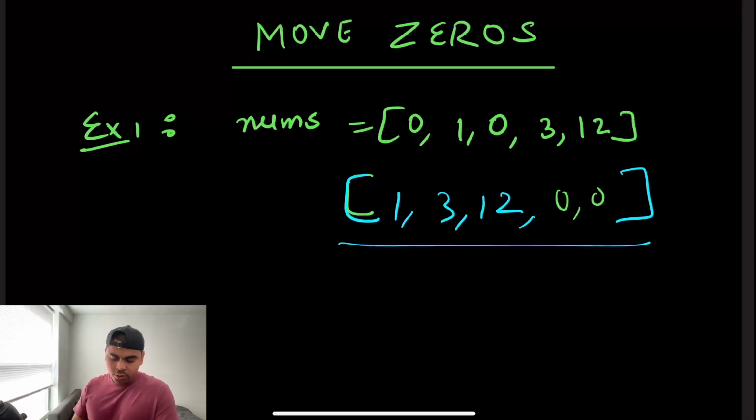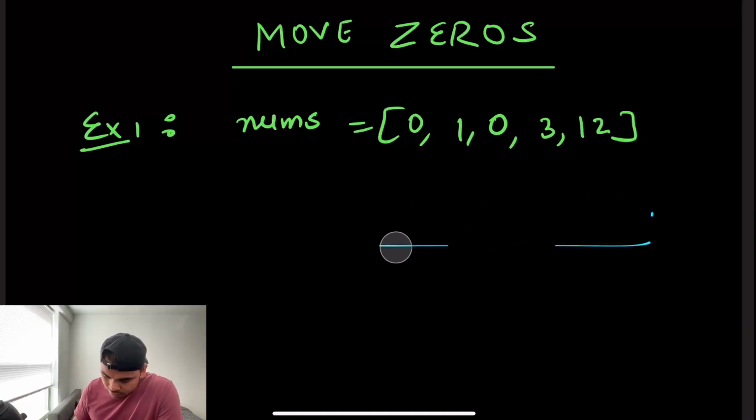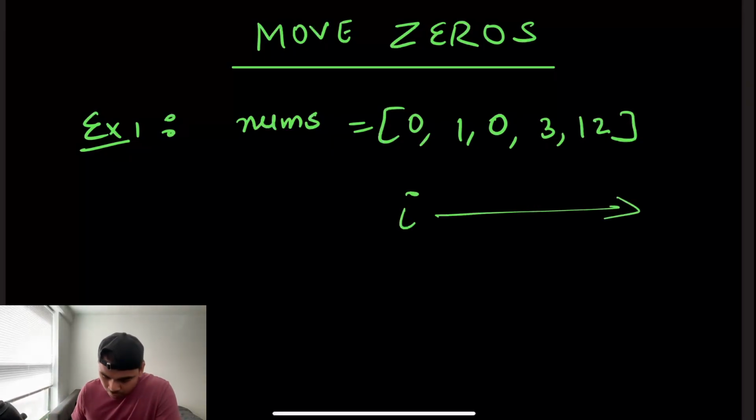Now how we're going to do it is we will maintain a pointer. First we iterate using a for loop over all the values, and there is a pointer called p1, or just p, that's also pointing to index 0.